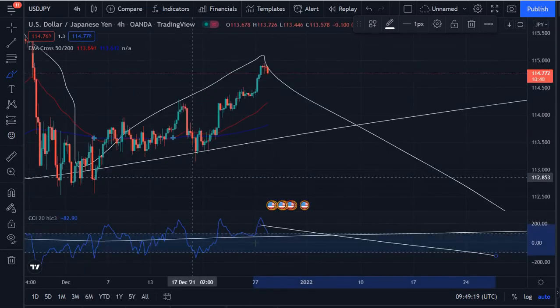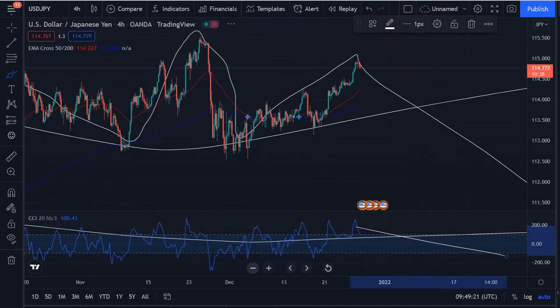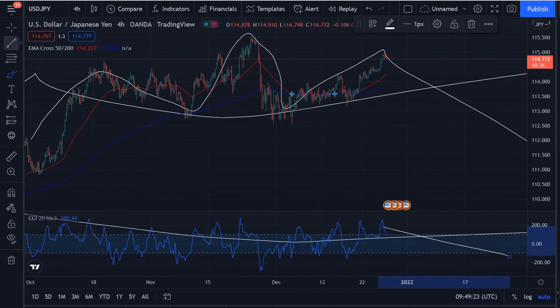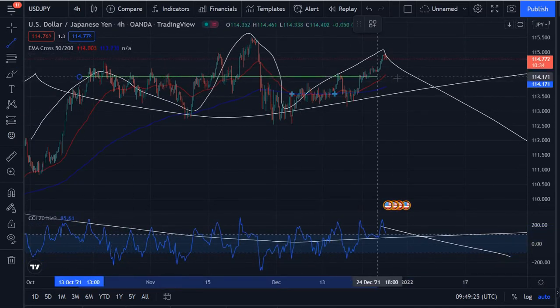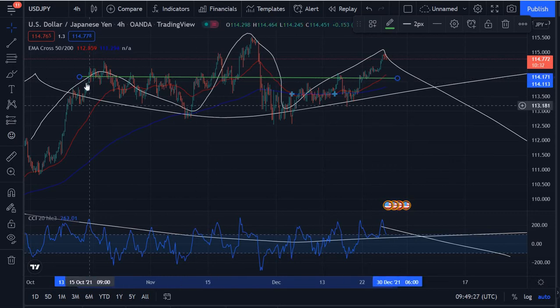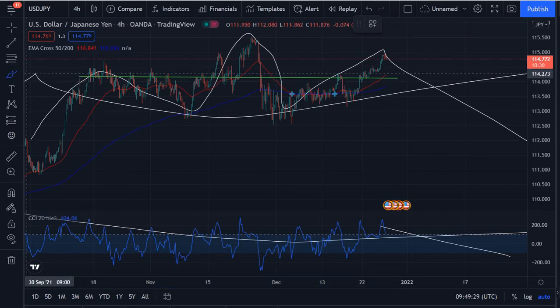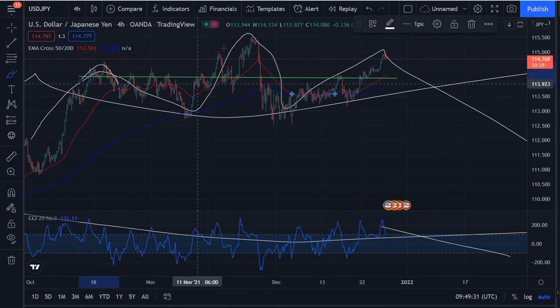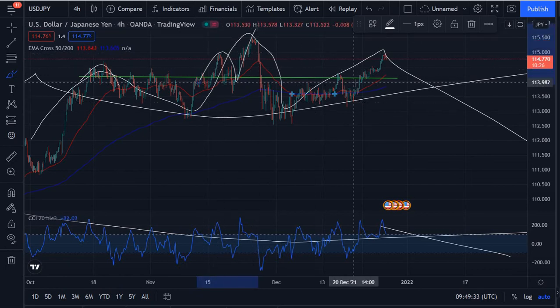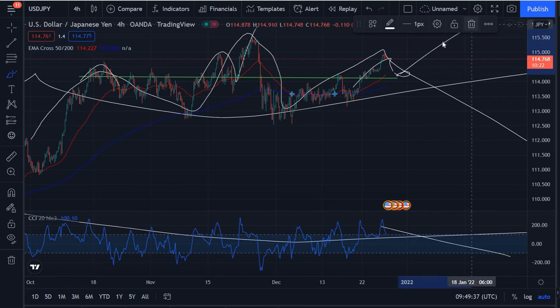But for now on the 4-hour chart, so we broke this area here first time, kind of false breakout here, a bit pulled higher, and now here if we can pull back, this could mean a retest.